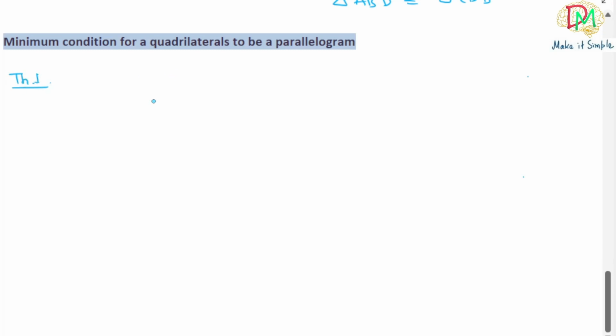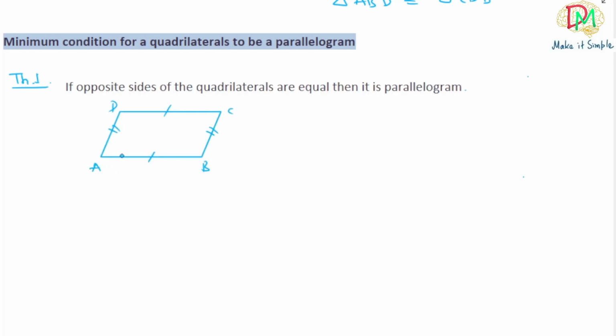First theorem, if the opposite sides of the quadrilaterals are equal, then it is parallelogram. From the SSS congruence criterion, we can say that angle ABC congruent to angle CDA.